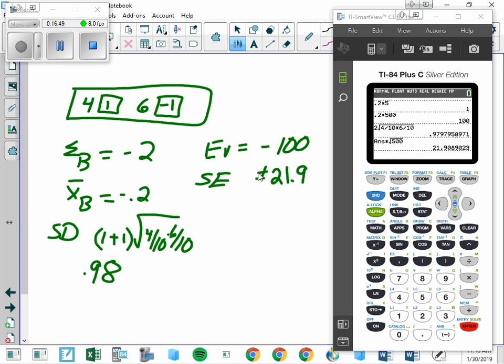I want to build a normal curve. My EV is 100, or negative 100, and I want to know between negative 120 and negative 80. You could build this with positive numbers and the 80 and the 120 would just switch, but the percentages are going to be the same.